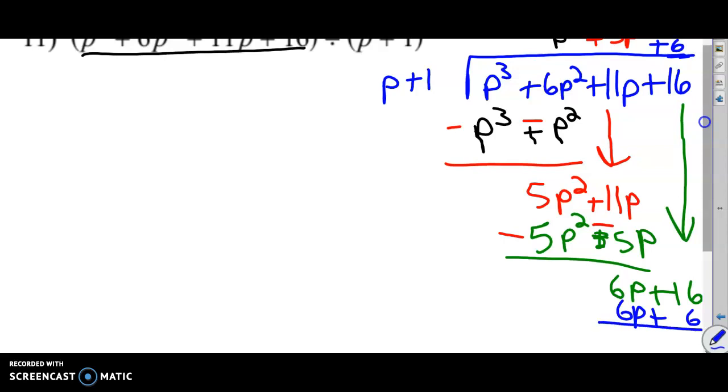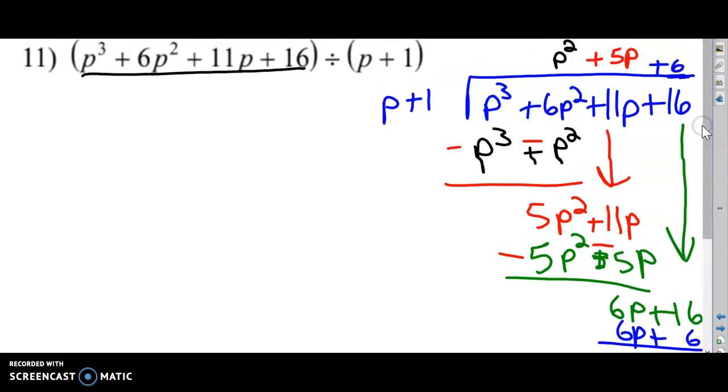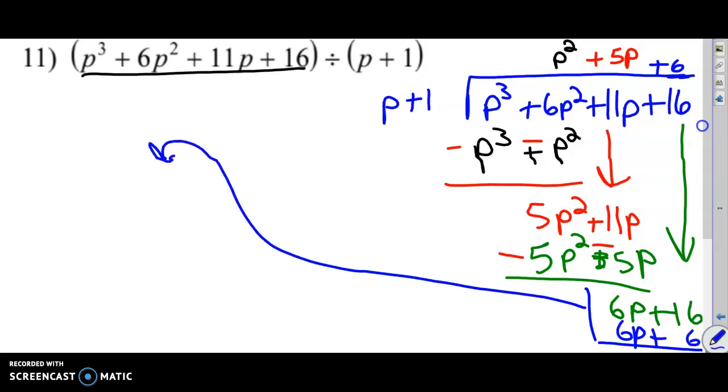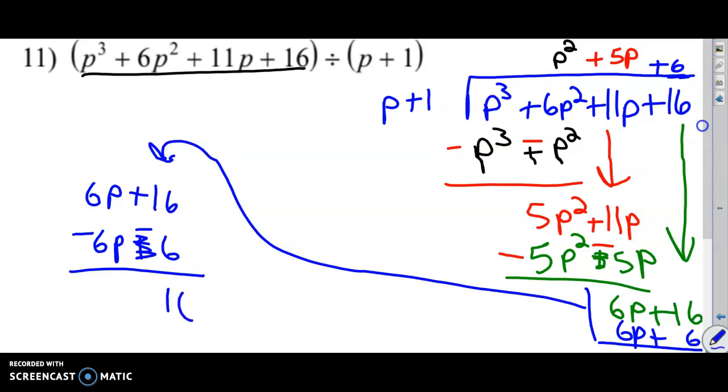I am going to take my work here, move it over to the side. We have, rewriting what we have here, 6p plus 16 over 6p plus 6, but we are subtracting the 6p plus 6, so we're going to change those to negatives and subtract them. 6p minus 6p is 0. 16 minus 6 is 10.